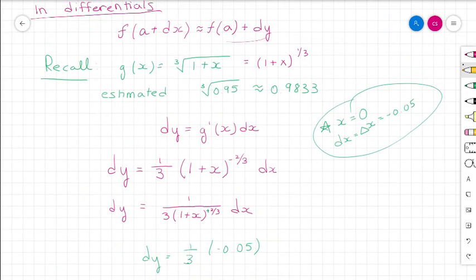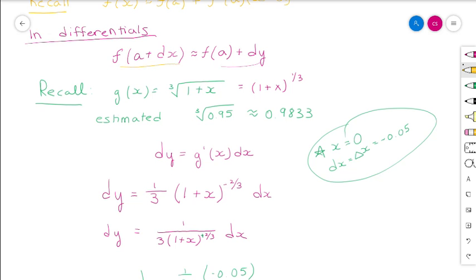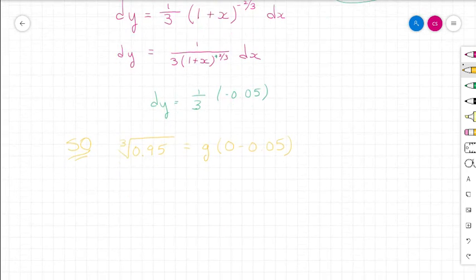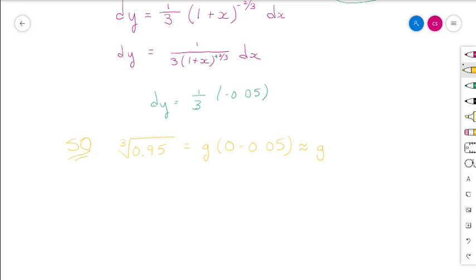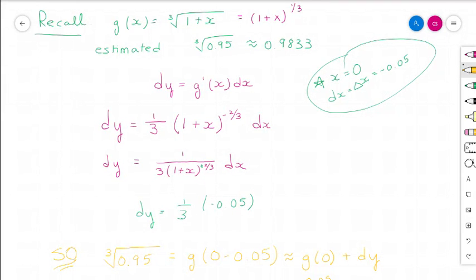Let me show you why. I'm matching this notation, 0 plus or minus 0.05. So it's going to be g of 0 plus dy. That's going to be 1 minus 0.05 over 3. And then that is going to be 0.98333333, which is what we got last time.